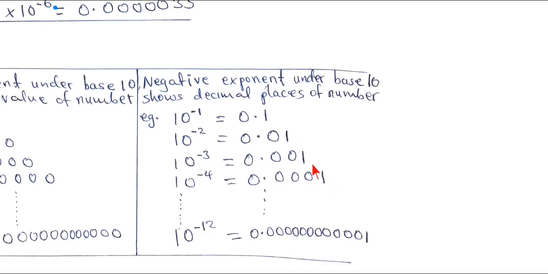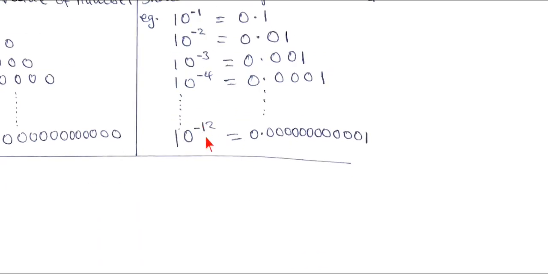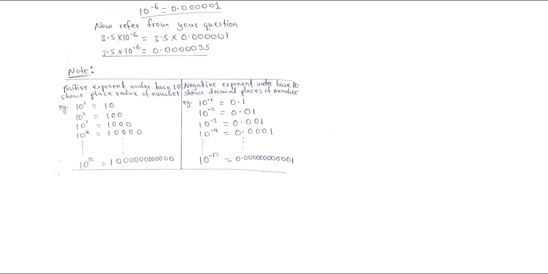Actually, the last digit is supposed to be 1. You have to understand it. So even 10 exponent negative 12 will be equal to 12 decimal places. When you count, this will be 12, and the last digit is supposed to be 1. That is a constant. Okay, I think you get it. Keep in mind the negative and positive exponents for base 10.